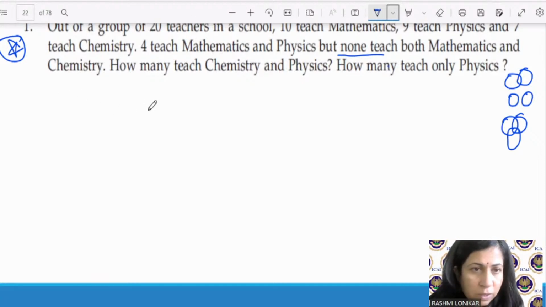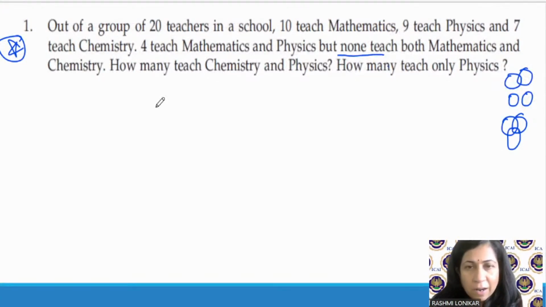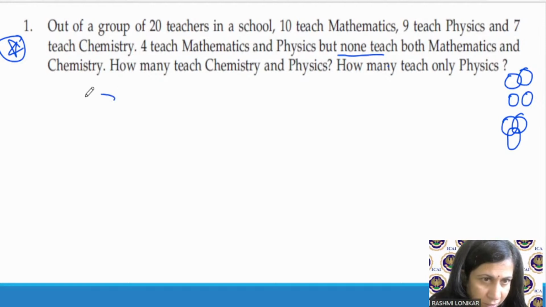So here, I can now see that there are teachers of which subject? Physics teachers, out of them, some may teach mathematics also. They are physics teachers, but some of them will also teach mathematics, and some of the physics teachers may be able to teach chemistry also. But there are no teachers who can teach both chemistry and mathematics. So in this case, this is going to look like this.